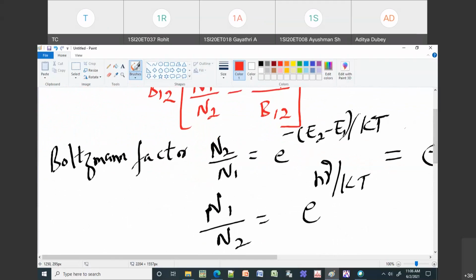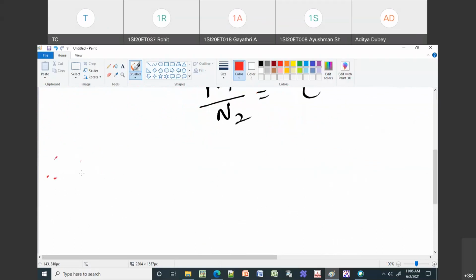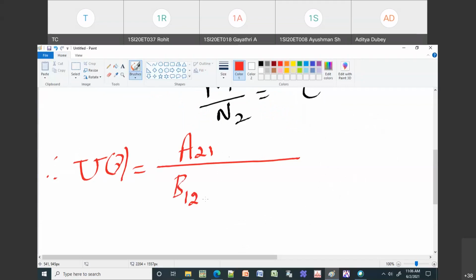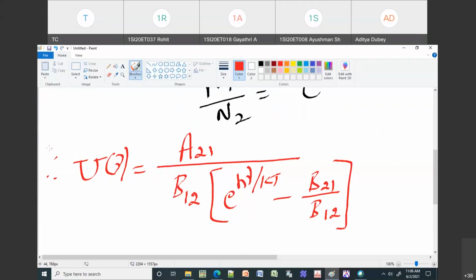So now therefore your u of nu will become A21 divided by B12 into e to the power of h nu by kT minus B21 by B12. Okay, so this is your equation for energy density in terms of Einstein coefficients.